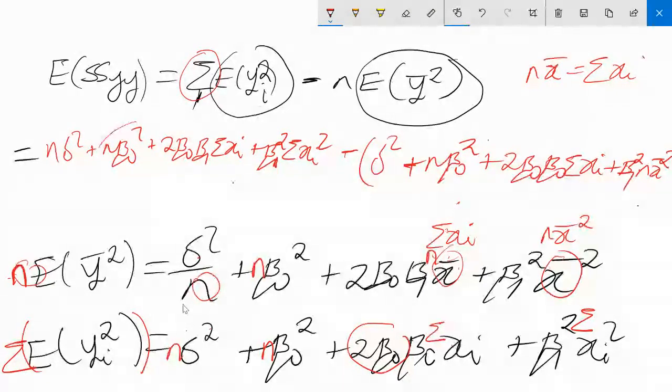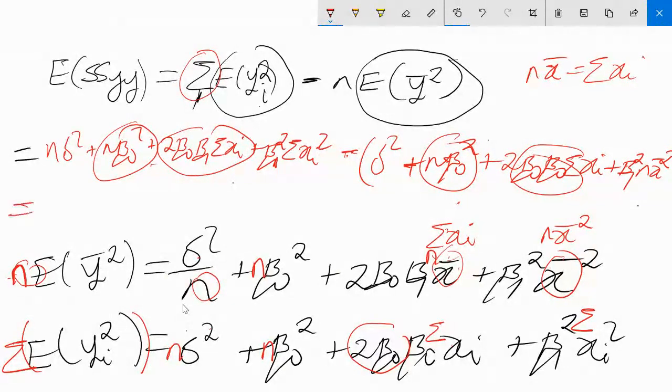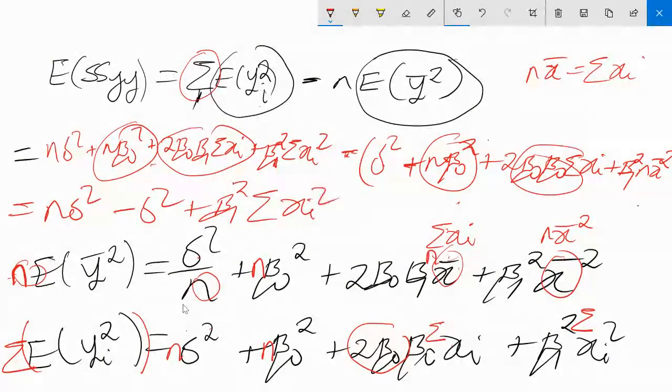Now, if you look at this, it's the same as this, and there's this negative, so these two will cancel out. If you look at this, it's the same as this, and because of this negative, it's going to cancel out, and we'll be left with n sigma squared minus sigma squared. This part, which is beta 1 squared summation of xi squared, minus this part, which is beta 1 squared as well, and x bar squared.